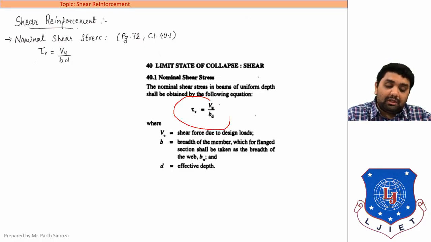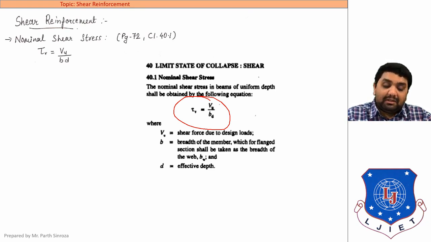So the first equation that we will be looking at is tau v equal to Vu by bd, that is the nominal shear stress. Tau stands for shear stress, here v is for nominal, so it is the nominal shear stress, and the equation is tau v equal to Vu by bd. Vu is our shear force, and for bd, here you can see that it is written as b subscript d.